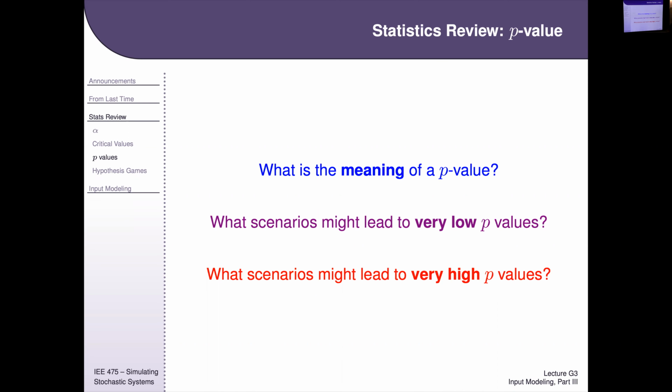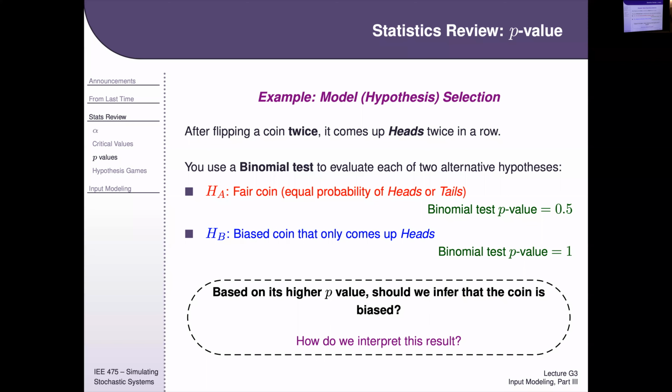Now, the thing I want you to start thinking about, which you don't think about when we first start teaching these things, is what are all of the different reasons why you can get low p-values, and what are all of the different reasons why you can get high p-values? To motivate that, let me do a little hypothetical.